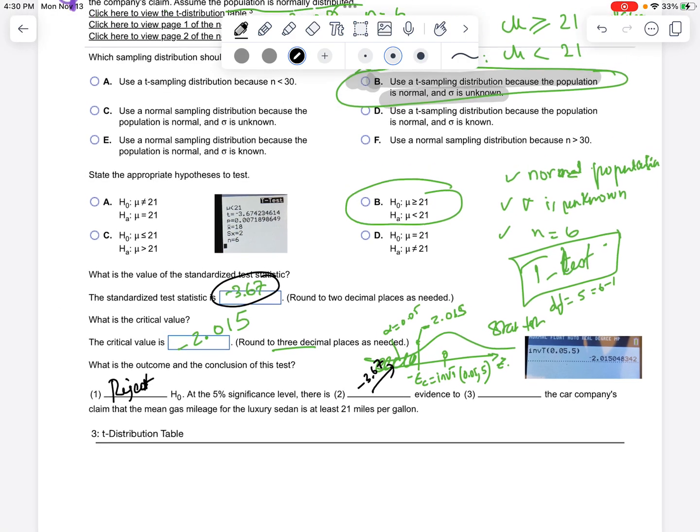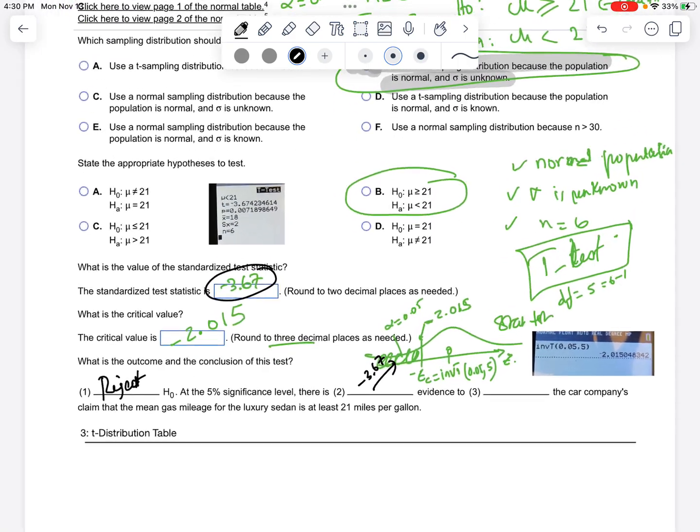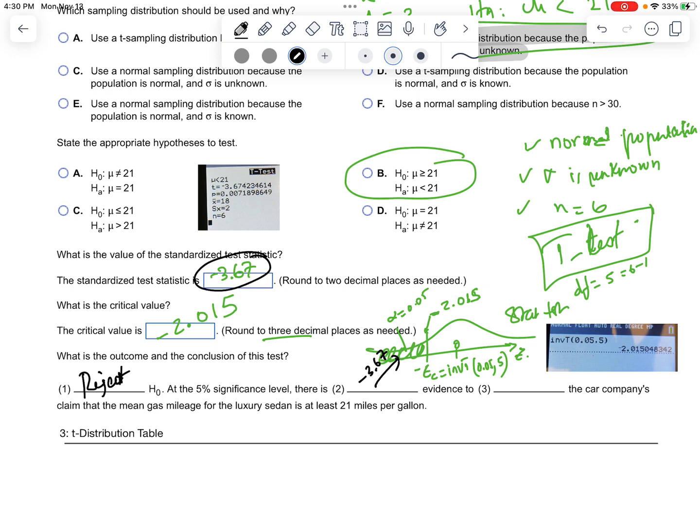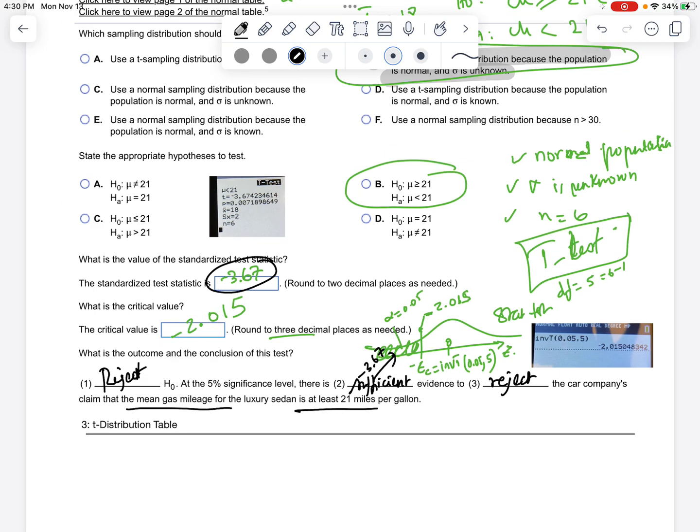And what was the claim? The null. So we rejected. So at the 5%, there is sufficient evidence to reject the car company's claim that the mean mileage is at least 21.